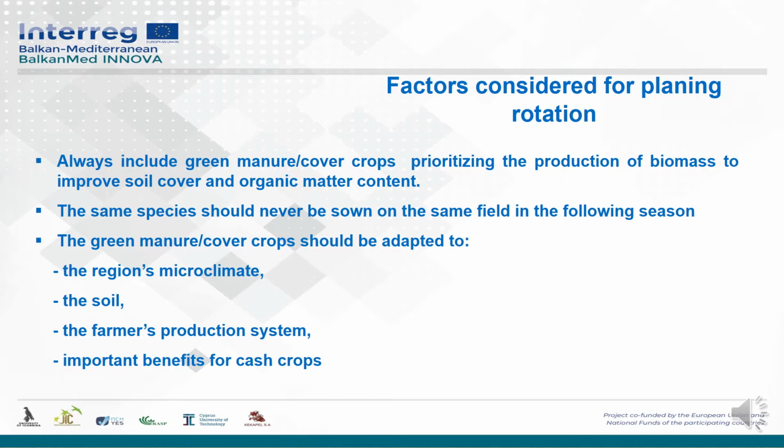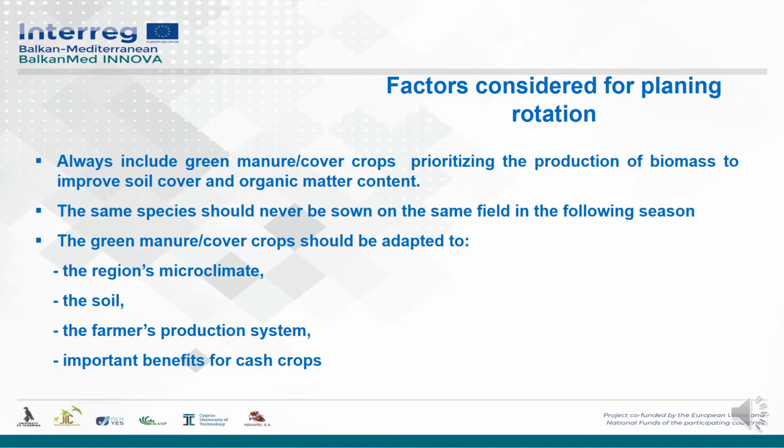In case that you are planning a rotation, you always have to include green manure and cover crops in order to prioritize the production of biomass. And this is in order to improve soil cover and organic matter content.